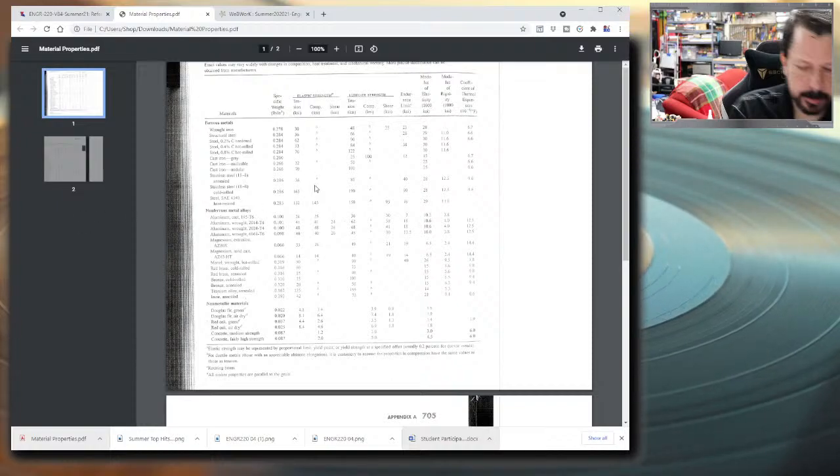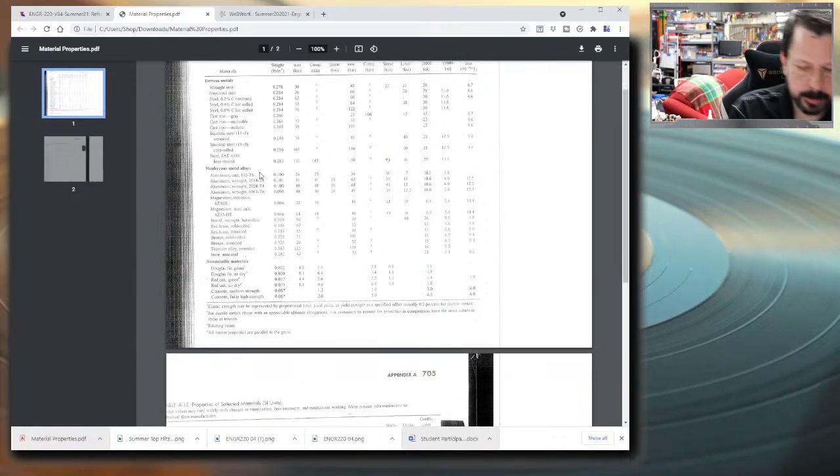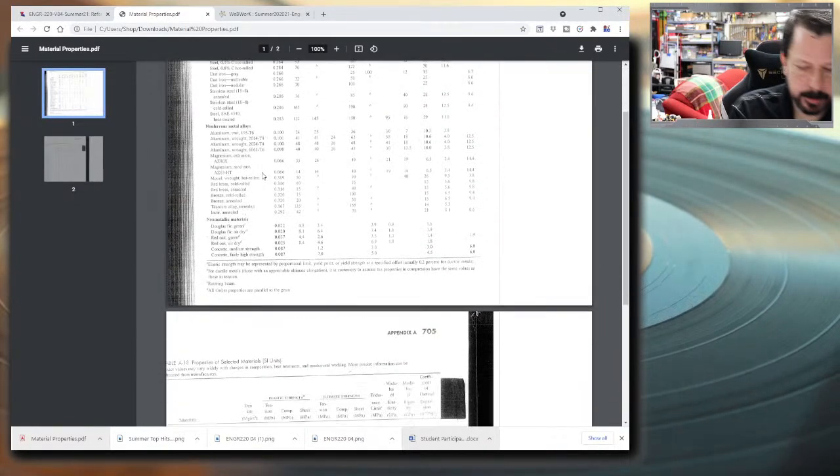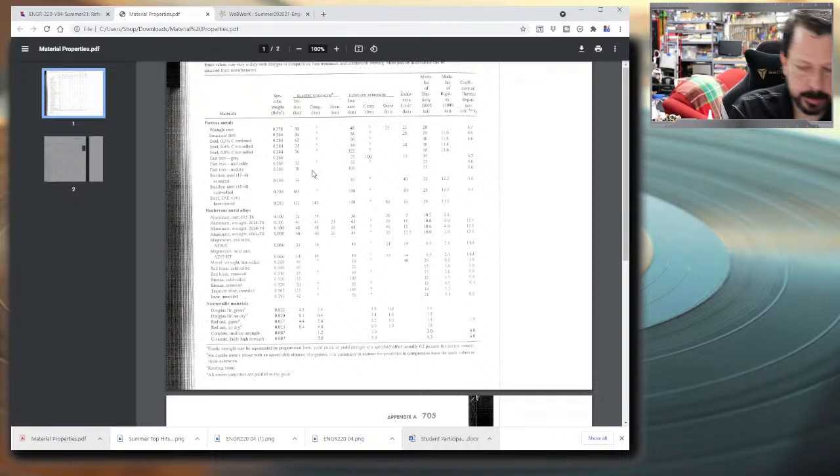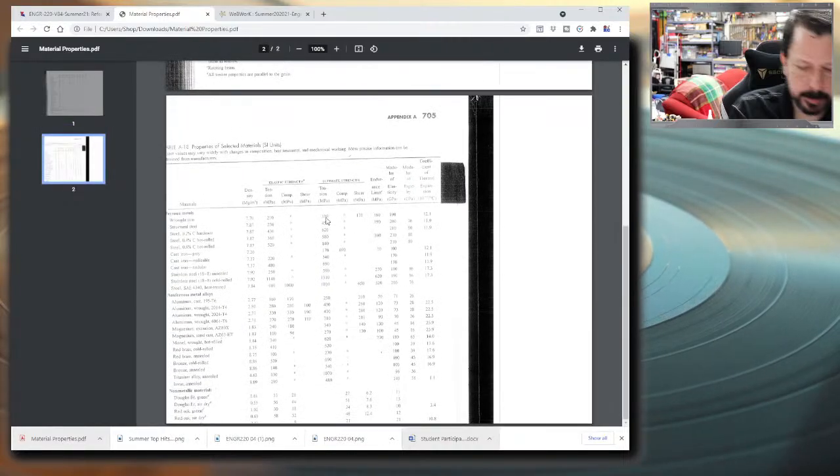Maybe you're working a problem that has metric units and you only have access to the US unit chart here. That's fine. You can convert them. But if you're working a problem related to the course, then you might have issues because they don't convert exactly, like 48 KSI for this wrought iron ultimate strength is not 330 megapascals. There's some rounding that happens in these tables.